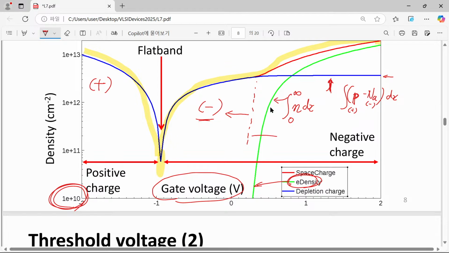And beyond that point, at a certain positive gate voltage, we can have a considerable amount of electron contribution. And at this point now we have really the same amount of contribution from electrons and holes, and beyond that it becomes the dominant factor.